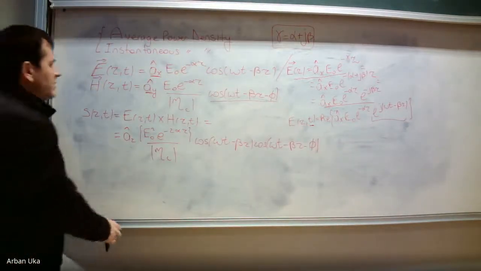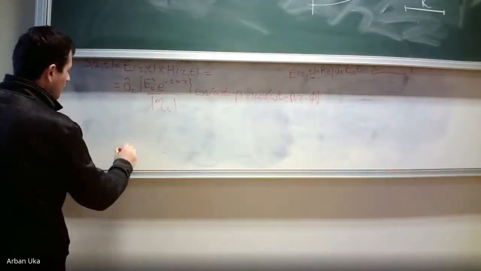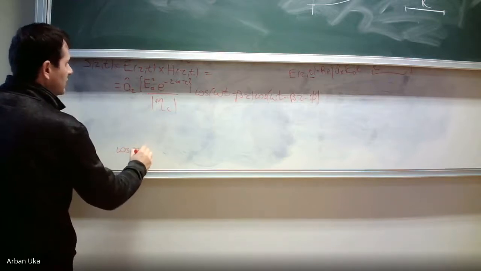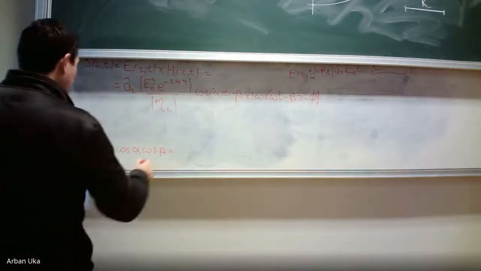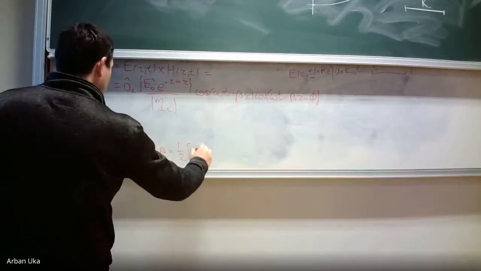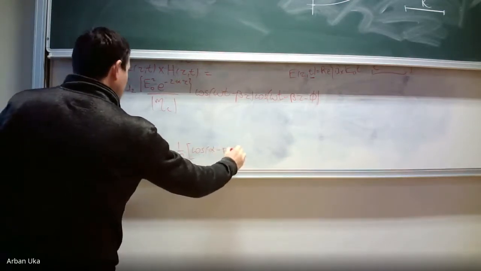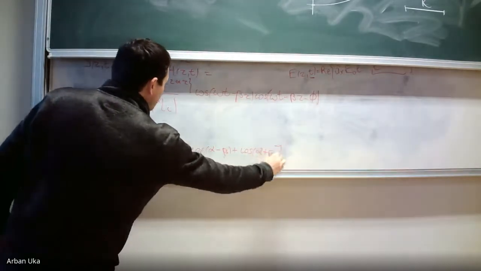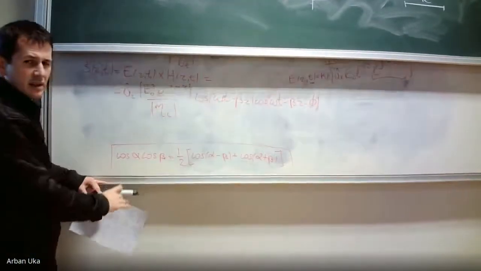We also have a relationship, a property of cosines: cosine alpha times cosine beta is equal to 1/2 [cosine(alpha - beta) + cosine(alpha + beta)].